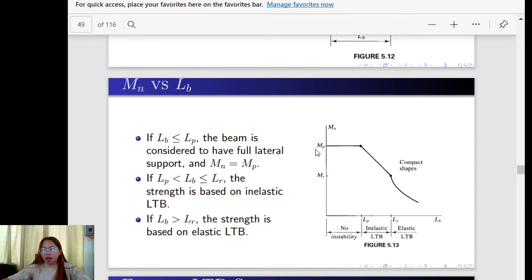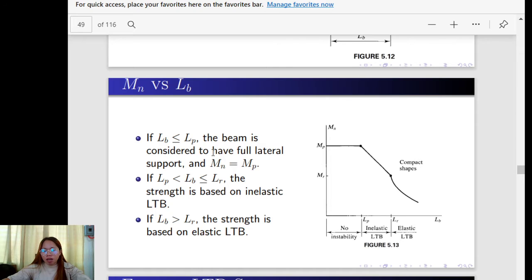We have this M sub R and M sub P. On the x-axis, from no instability, you have the inelastic lateral torsional buckling between L sub P and L sub R. Beyond this L sub R is the elastic lateral torsional buckling.